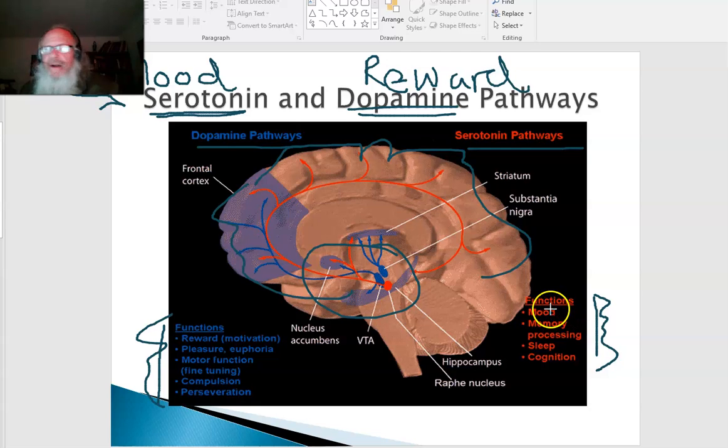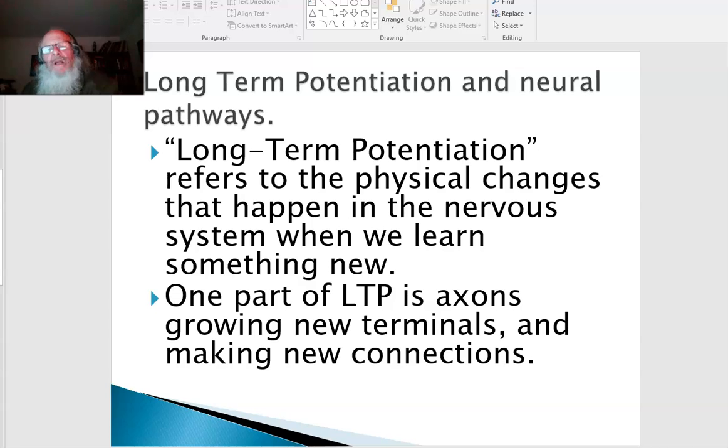While over here under serotonin, we've got mood, memory processing, sleep, and cognition. So if you think about over here, compulsion and perseveration, these are aspects of cognition, thought, but sort of generally we are ascribing different parts of this to the different neurotransmitters.